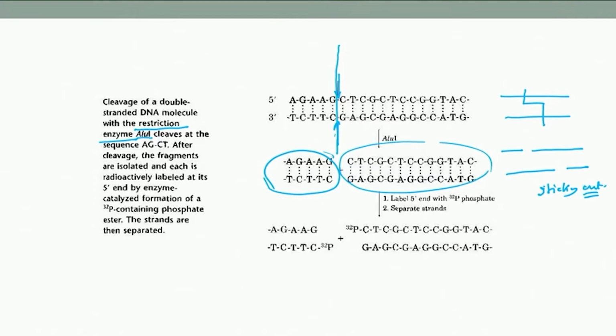Now, this restriction enzyme AluI recognizes this AGCT sequence.